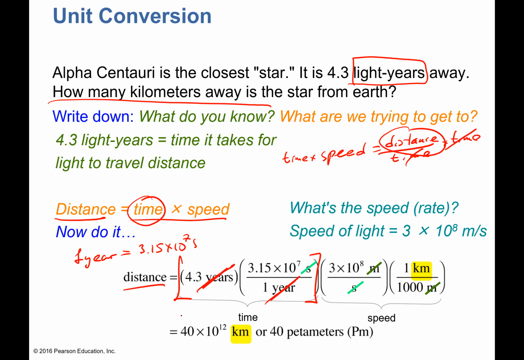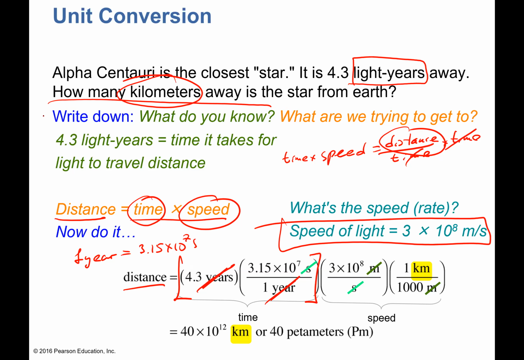And then here's the speed. Well, the speed here is the speed of light in vacuum. And remember, I gave you that number, it's 3 times 10 to the 8 meters per second. So then you write times 3 times 10 to the 8 meters per second. But remember, it's asking in kilometers, not meters. So we use this conversion where 1,000 meters is 1 kilometer.